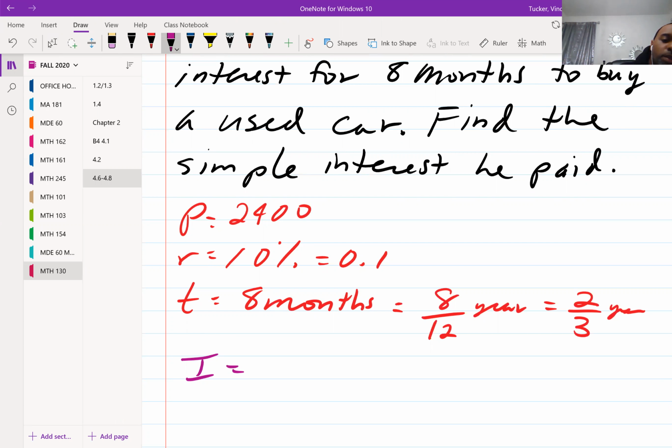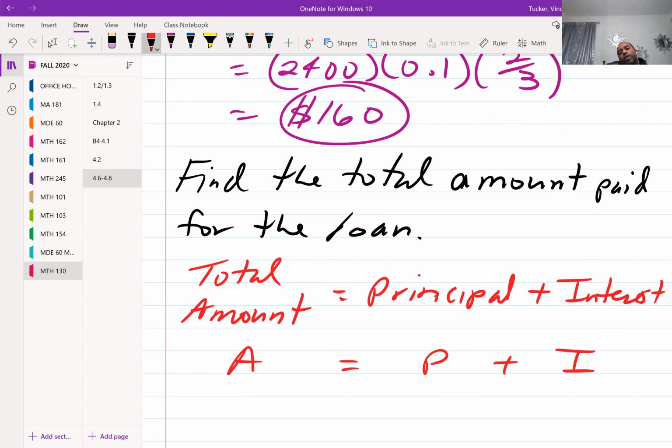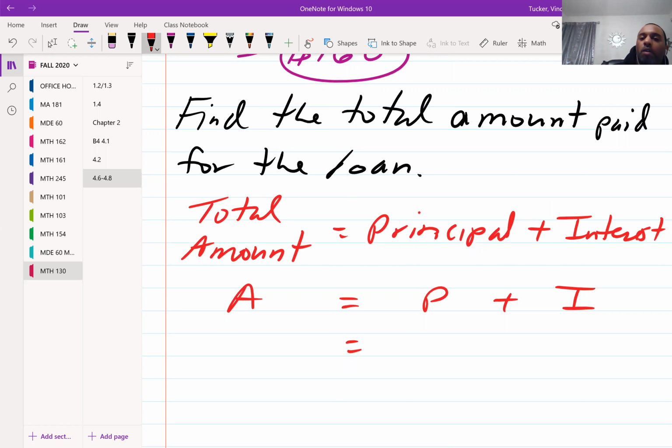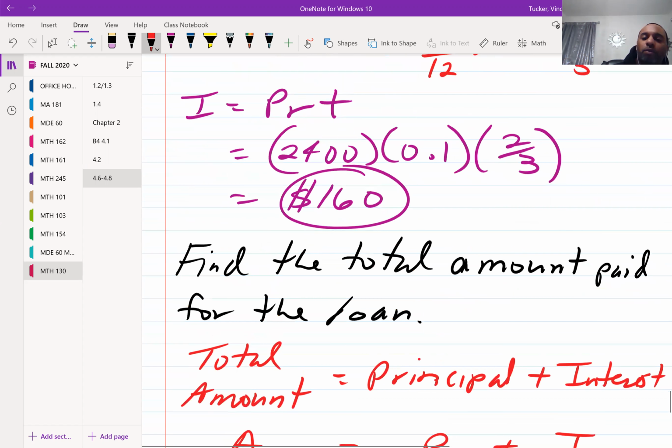Your total amount is going to be your principal plus your interest. Your total amount, or future value, is always represented by A. And I already mentioned that P and I are your principal and interest. So our interest is 160, our principal was 2,400.